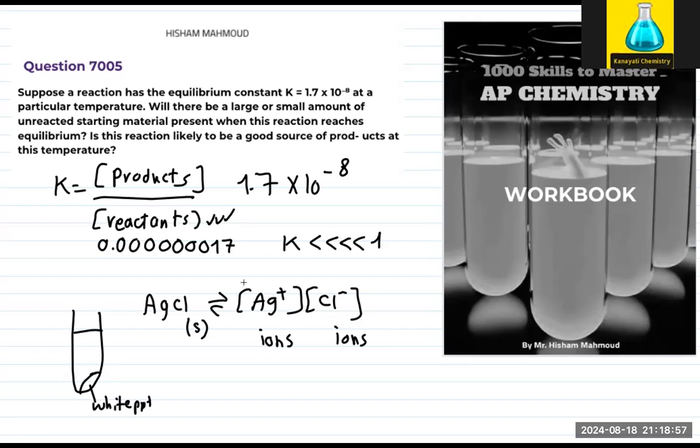So the product is very small because most of the substance is found in the form of reactant, the solid silver chloride, not as a product. So a reaction which has a very small K like that is a very poor source of the products because there is a very high concentration of the reactant.